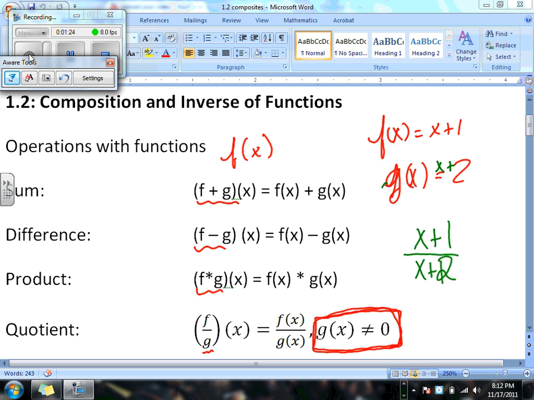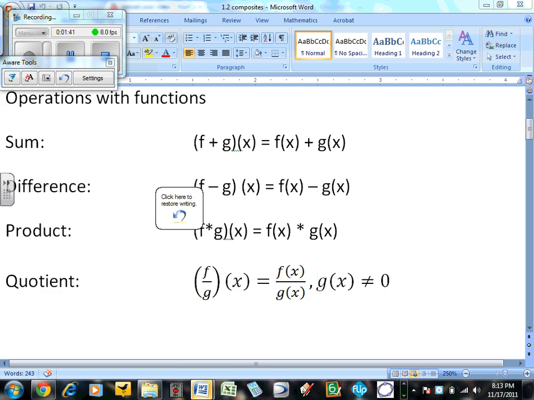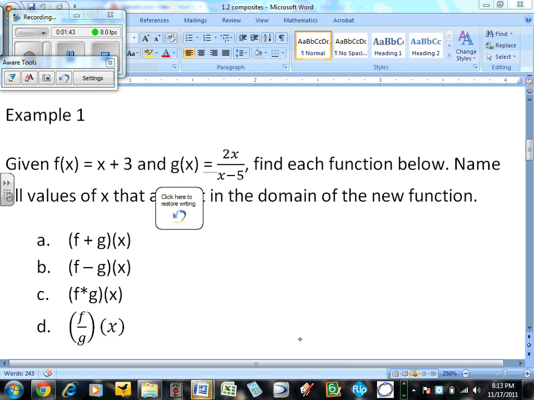That's the g of x, that just goes down there. We can't have an x value that's going to make the denominator 0. So x cannot equal negative 2 right off the bat, before we simplify or anything. Just giving you a heads up on that because we'll run into that here in a little bit.